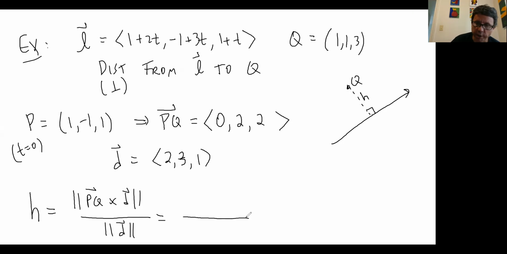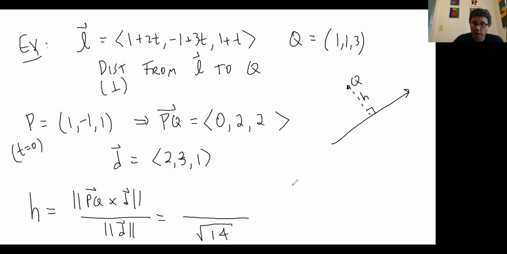So that's what we're going to do. One of those is easy, find the length of D. So that's square, square, square, add them up, square root. So 4, 9, 1, add them up, that's 14, and then take a square root. So the length of the vector is just square root 14.